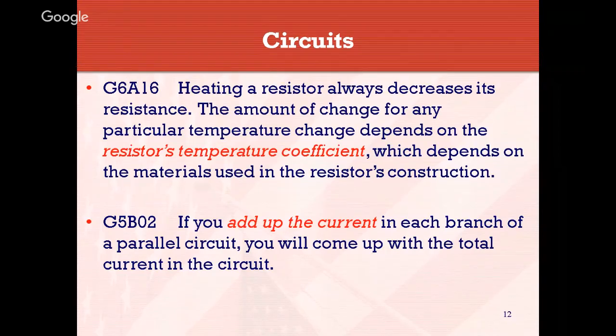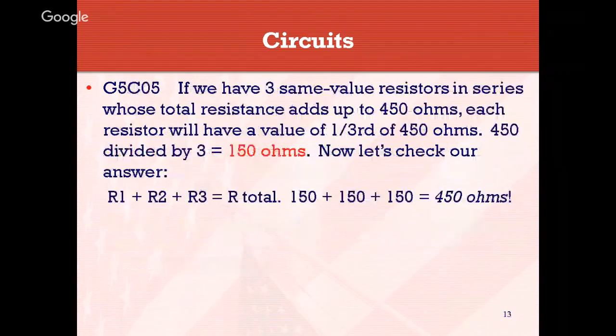Where are we? G5B02. Okay. The next one has to deal with three resistors in series. The three resistors are of the same value, and there's going to be a total resistance of 450 ohms that you're going to calculate.